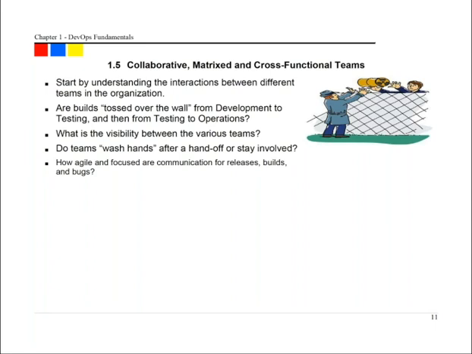In your organization, do you have builds, artifacts that are figuratively tossed over the wall from one group to another? Do your different parts of the organization have a high degree of visibility across different parts of the teams and different silos? Is a team's responsibility one that ends when they finish their artifact, when they produce their work product, and they just wash their hands, or do they stay involved in it afterwards?